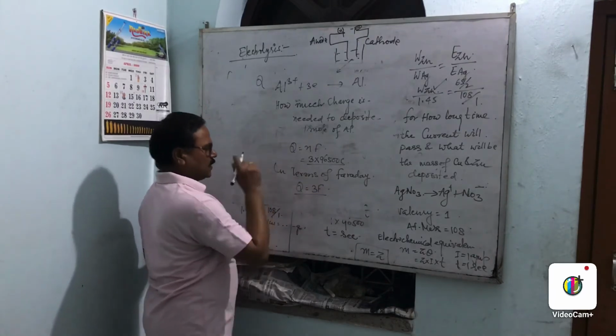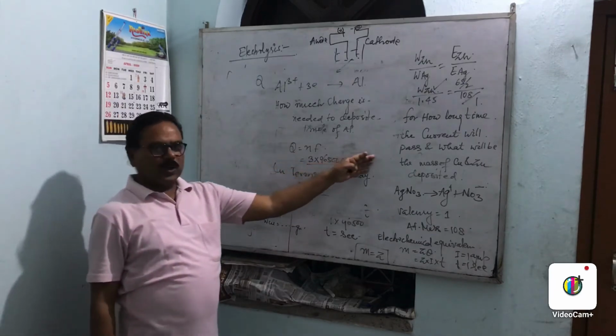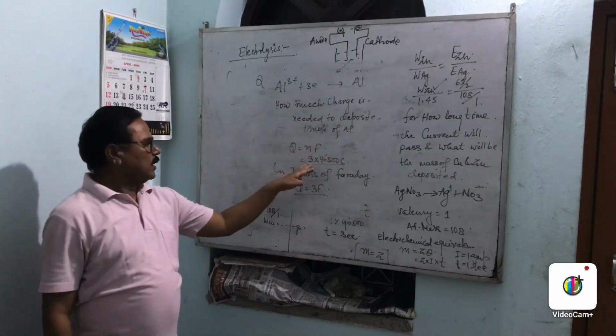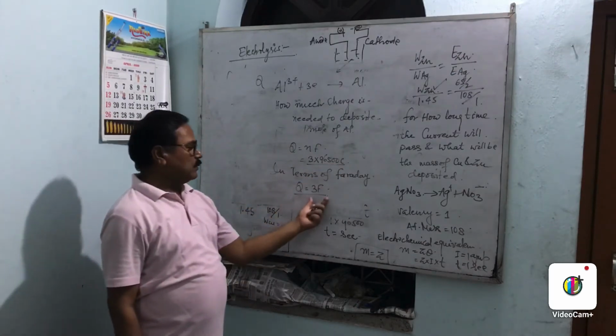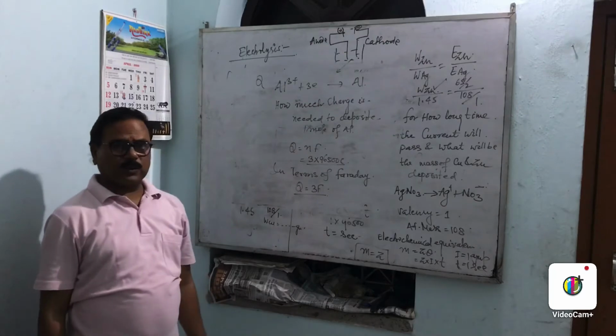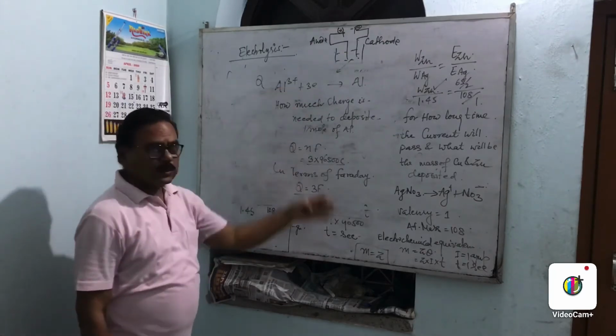This is the answer. So when the charge is given in coulomb, we multiply with 96,500 coulomb. If it is in Faraday, we write only Faraday. There are so many problems in your book, you try to solve them.